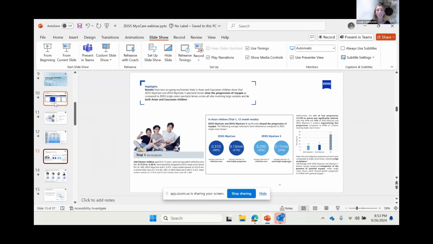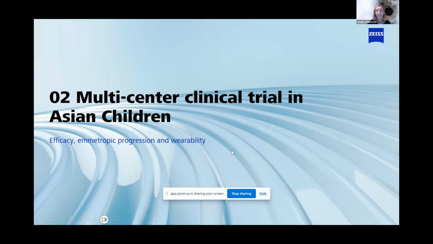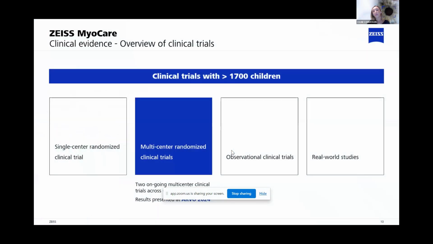Okay, so I was talking about the clinical trials that I wanted to share with you. We have now more than 1,700 children under study. I'm going to share with you the intermediate results of 12 months in China and the 6 months intermediate results of a study from Europe.